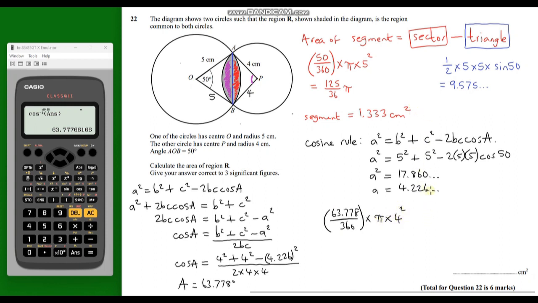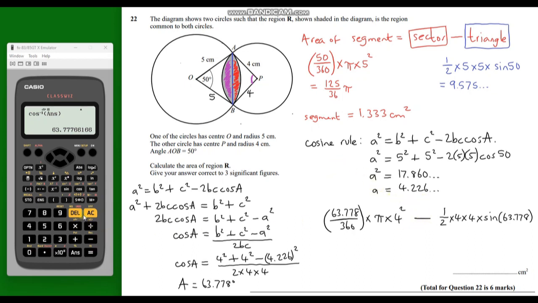And then the triangle is going to be a half times 4 times 4 times the sine of our angle, and in this case our angle again is 63.778. So to work out the area of the segment, we just need to subtract one from the other.